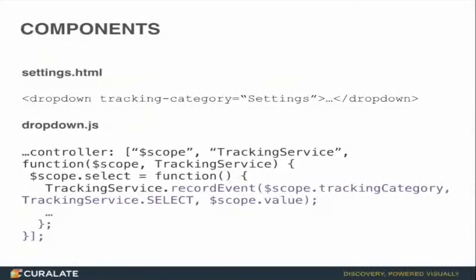So if you're using instrumentation, you want to bake that into your components. So, you know, the 10th page that uses a dropdown, the 20th page that uses a dropdown, all you're adding is something like a tracking category to say, I'm on the settings page, I'm on the home page. This is simple to do, but it's really powerful.